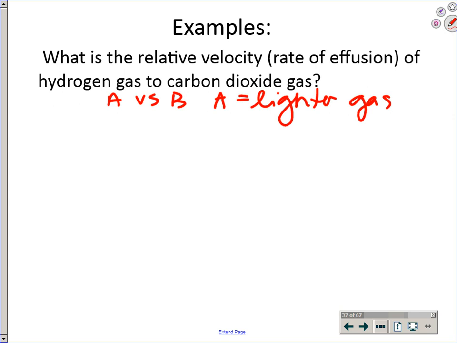So see if you can set up that proportion like we just did on the equation we just set up. Walk around calculators for me if you need a calculator.